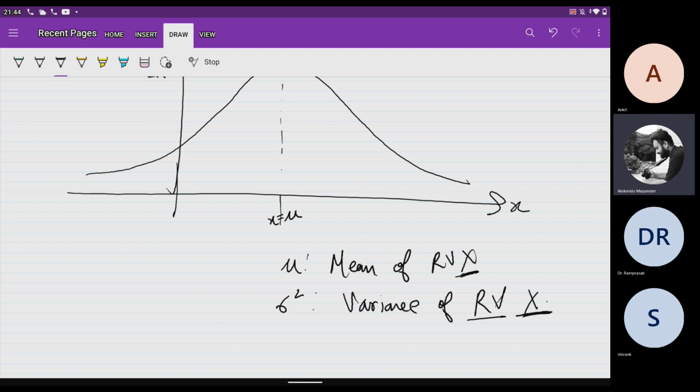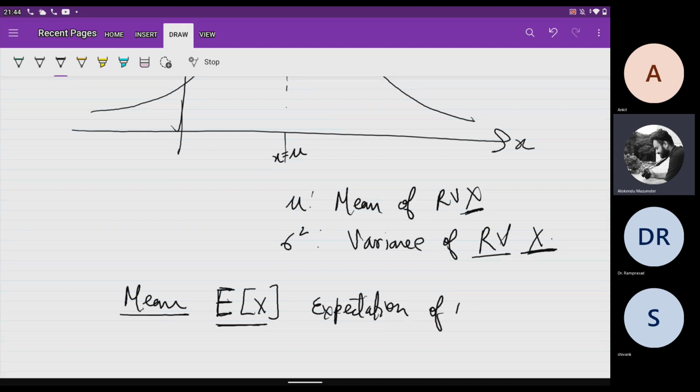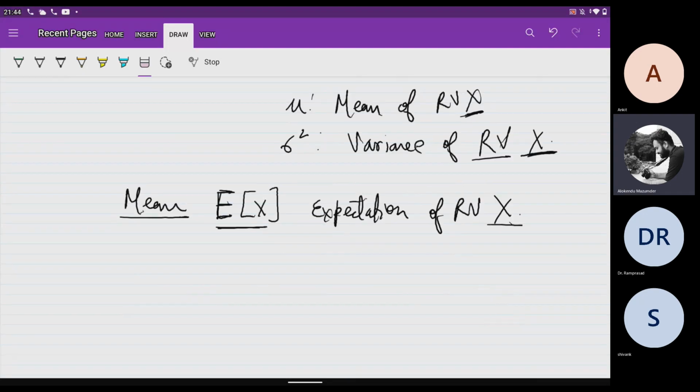Let me tell you that the mean is defined as E of x, which can be read as the expectation of random variable x. We can say mean is nothing but expectation, or a weighted mean.